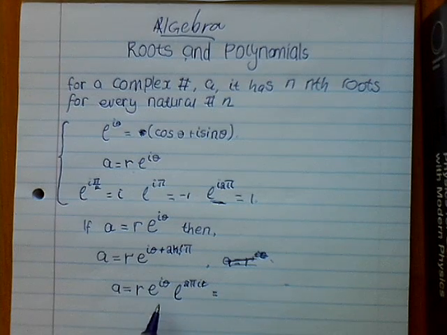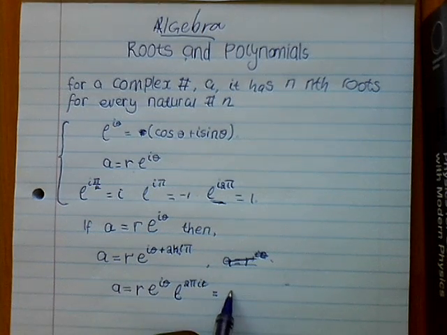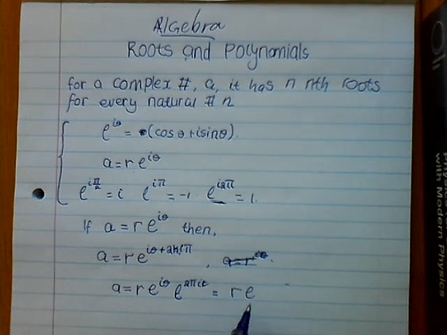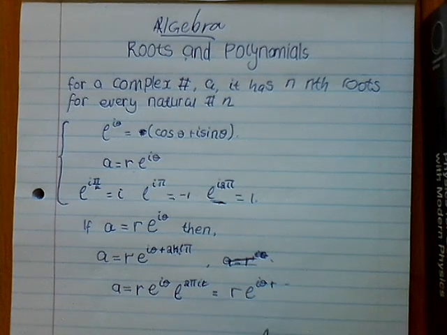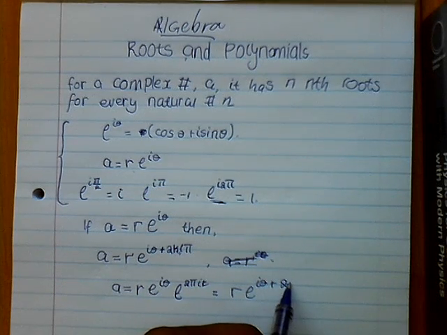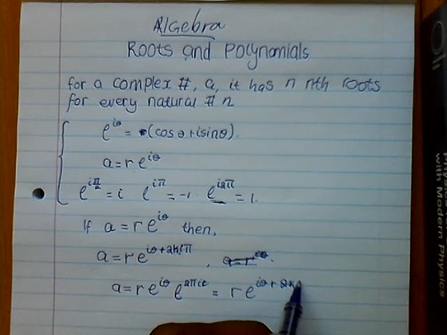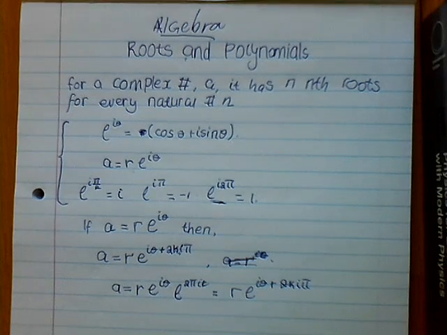This is the same as, remembering from our laws covered in grade 8 or so, when we have two bases which are the same, we add the exponents, and thus it gives us r e to the power of i theta plus 2k i pi.